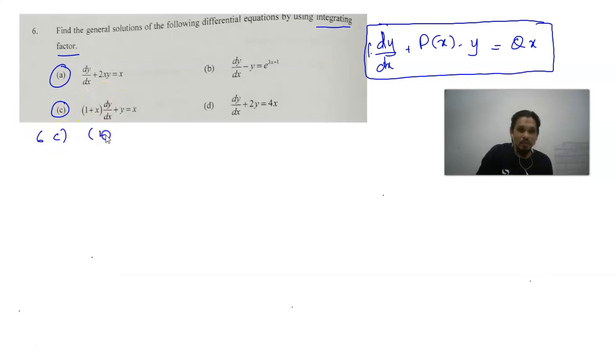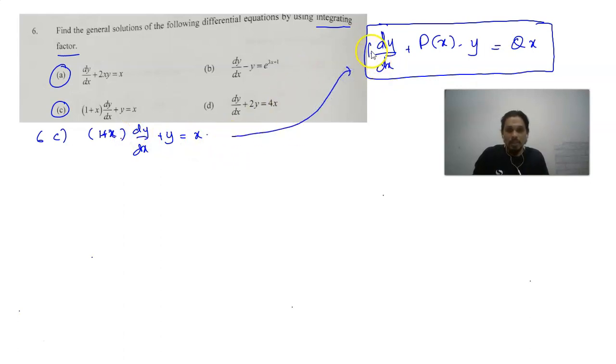6C, where (1 plus x) dy/dx plus y equals x. Okay, this is 1 plus x. We compare this with the standard form, where the coefficient of dy/dx equals 1, but for this one it is 1 plus x, meaning we are going to divide every single term by 1 plus x.